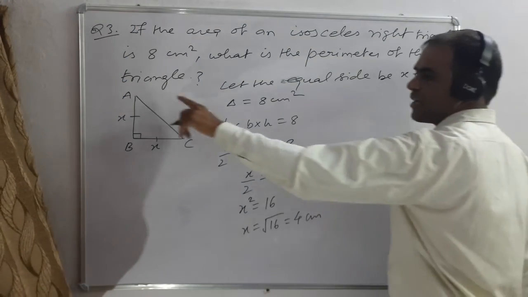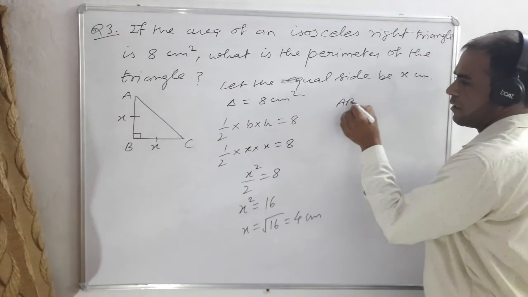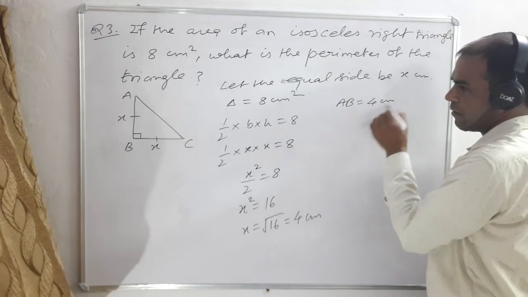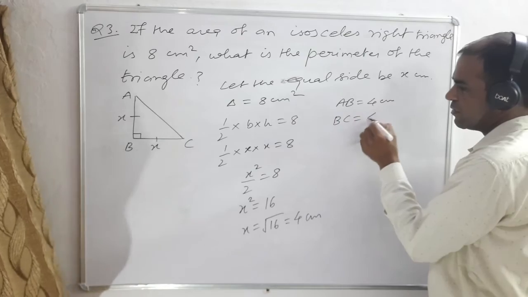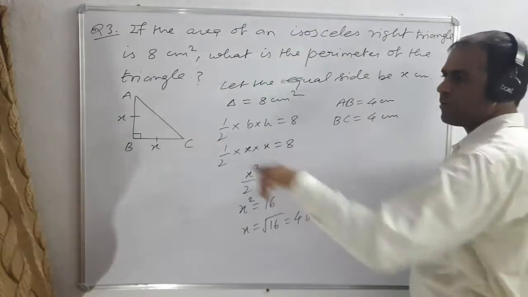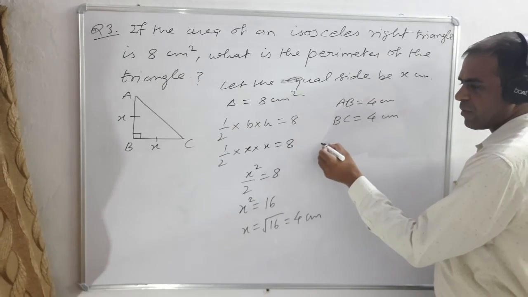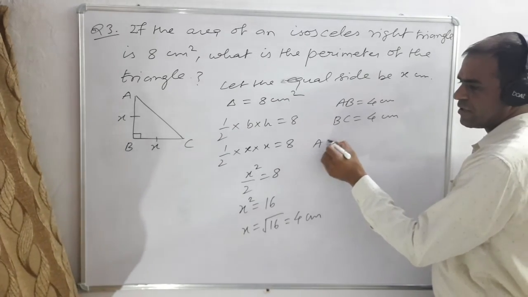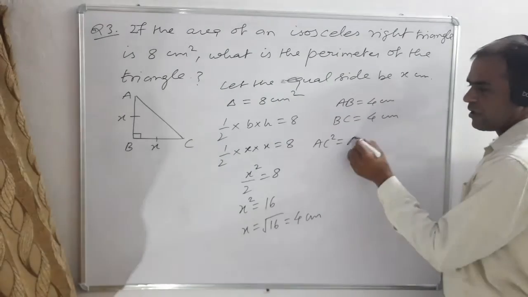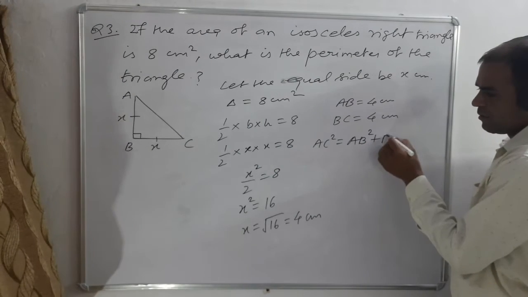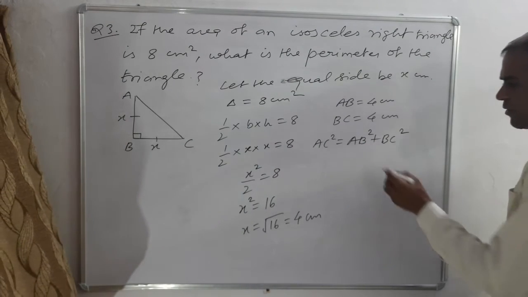So here two sides are, AB is 4 centimeter and BC is 4 centimeter. Again find the AC by using the Pythagoras property. AC square equals AB square plus BC square.